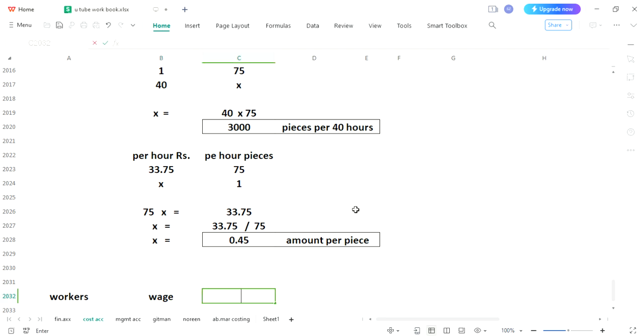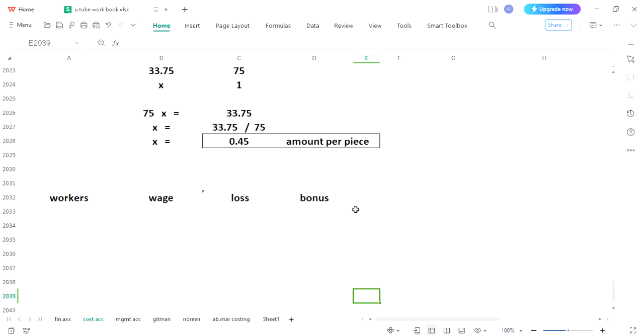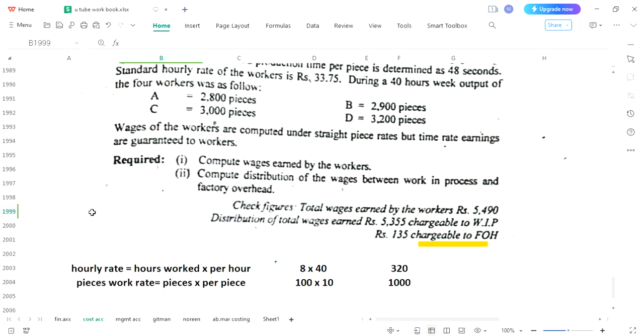If we are facing any sort of loss and if we are giving bonus to workers, and what we will do finally, we will sum up everything, wages, total wages and total bonus. So wages we will calculate for worker name A and then B and then C and then D, as there are four workers. For their wage rate, let's go back and see.